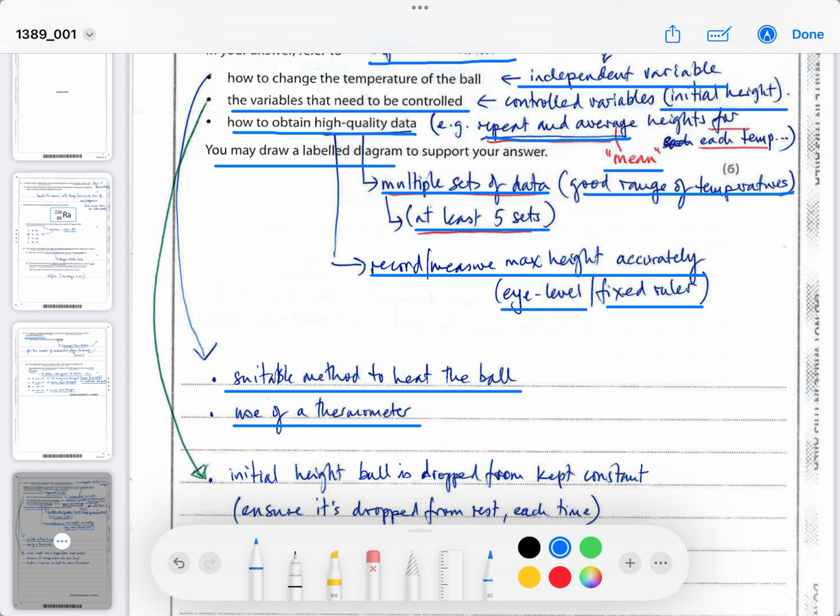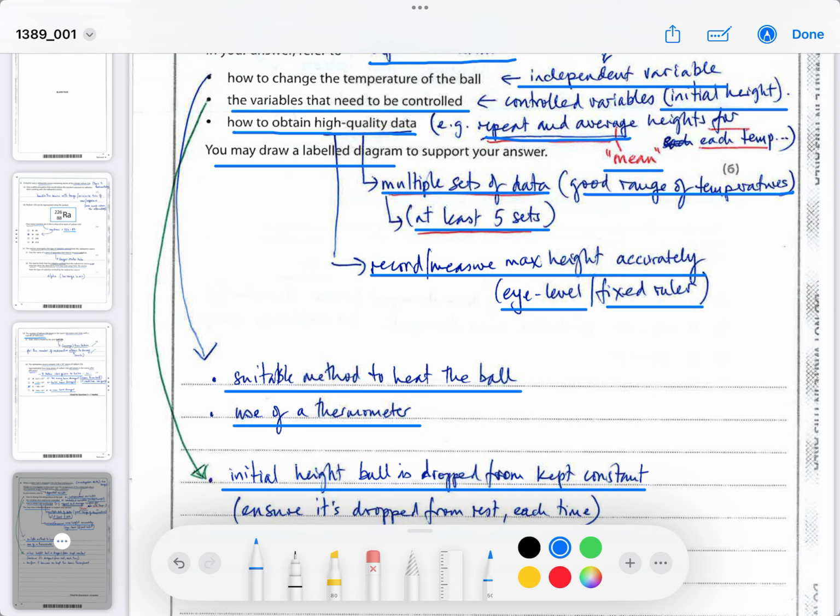Don't forget that what you measure, you need to say what you're measuring it with. Initial height of ball is kept constant. That's one of the controlled variables. And you should also ensure that it's not moving when it's dropped. In other words, it's dropped from a stationary position each time.